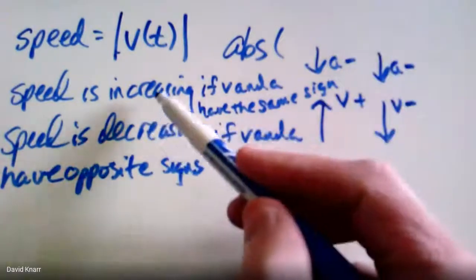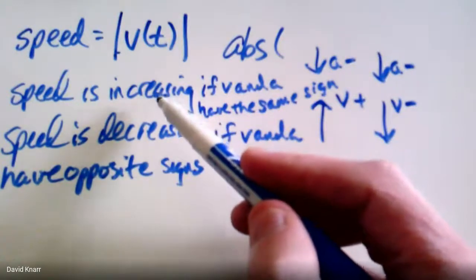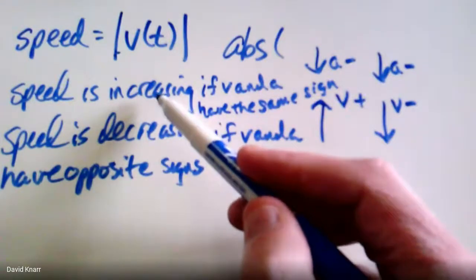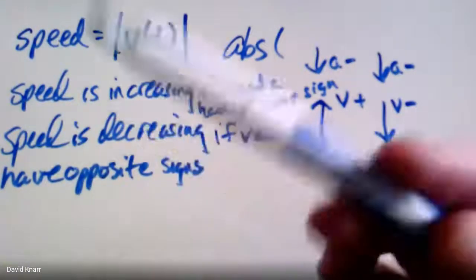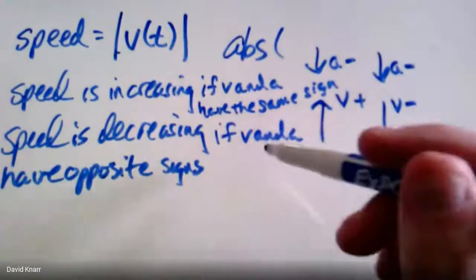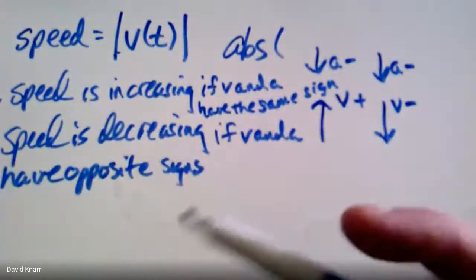Okay, speed is increasing when the ball's coming down because V and A are both negative. Speed is decreasing when the ball's going up because V is positive and A is negative. So that's something you'll see questions on that are going to come up.